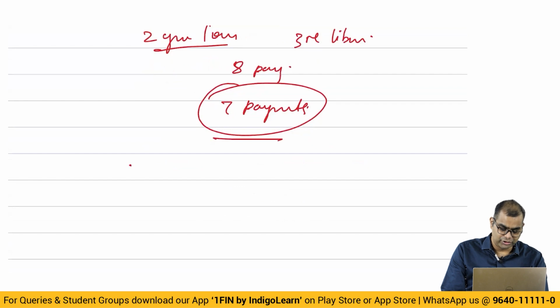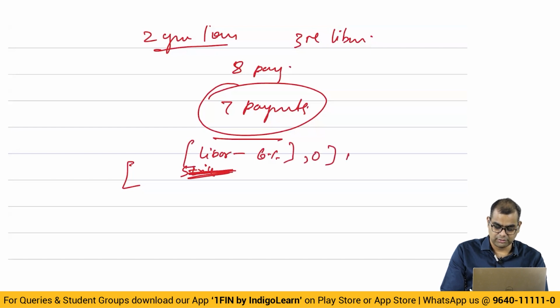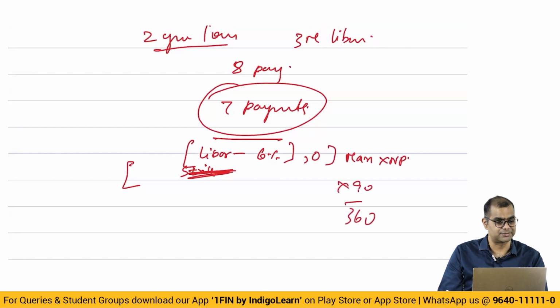Each payment, you are receiving how much? Strike minus, what is that? You are receiving the reference rate. You are receiving max of LIBOR minus 6%, comma 0, into notional principal into 90 by 360. Every time you are receiving this. Yes or no?